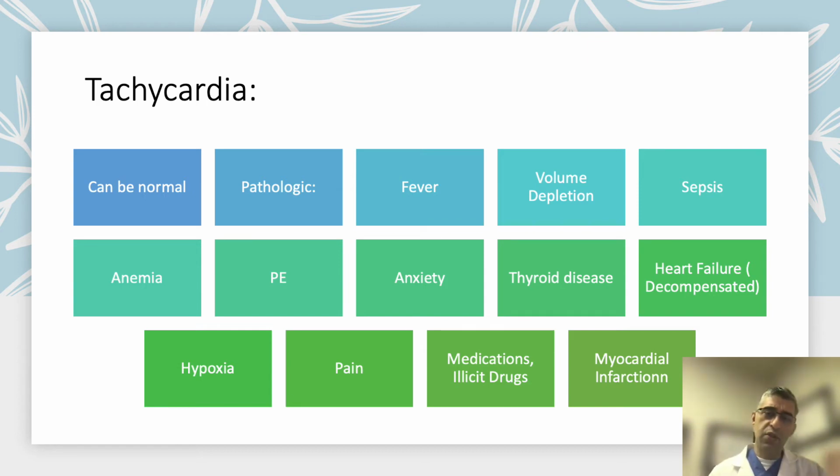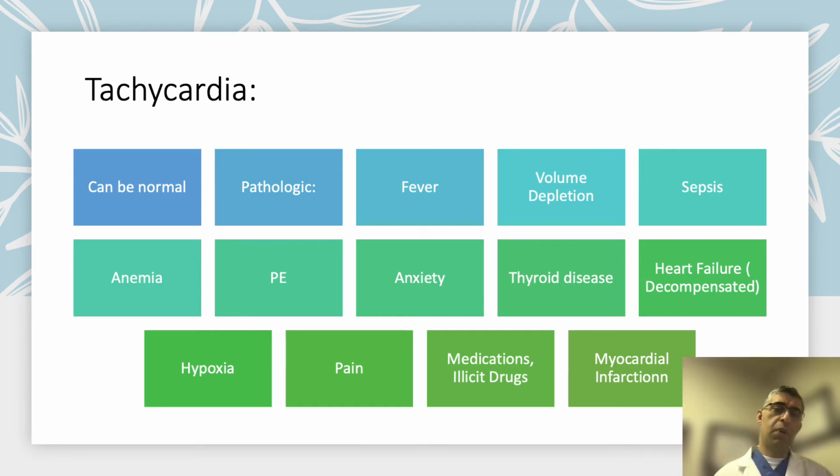Then gradually, within the next 6 years of our life, our heart rate goes down to 60 to 100. Most of the time, a normal heart rate would be 65 to 85, and it's going to be slower in older age. Don't forget that, that can be the loss of variation in the normal heart rate.